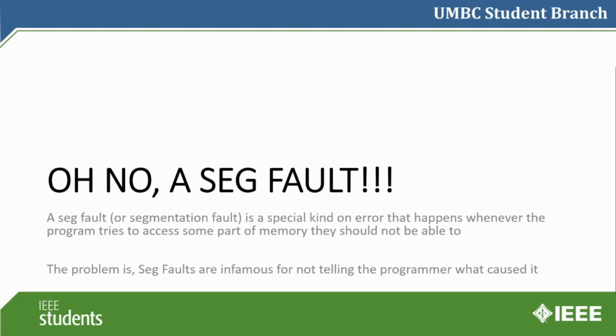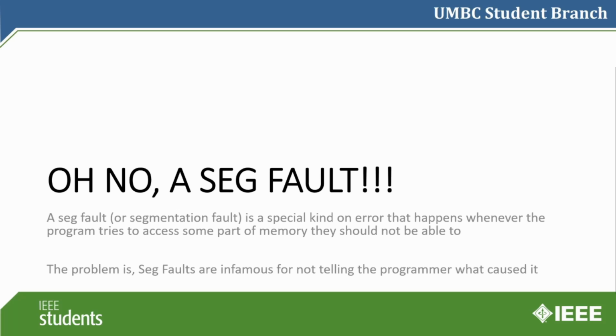So, seg faults are very annoying errors. The problem with them is that it is very hard to tell what went wrong, because all you know is that you tried to access memory you shouldn't have had access to. They are infamously hard to figure out the cause of.